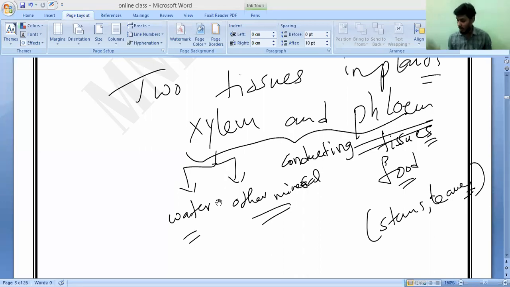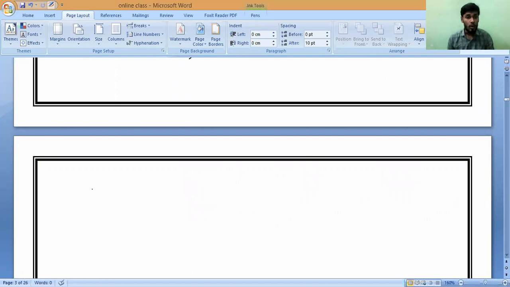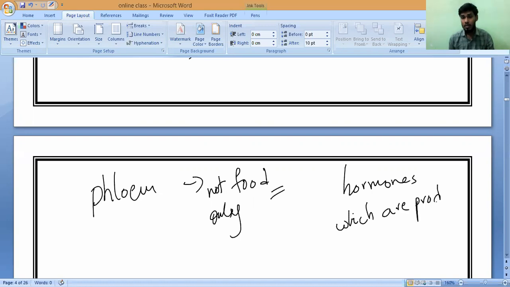Understand? And also remember, another purpose of phloem is that plants also have hormones. Is it yes or no? Will you accept it, all of you? Yes, sir. Remember, another purpose of phloem is not only transport of food, but also to transport hormones which are produced in roots and shoot tips.